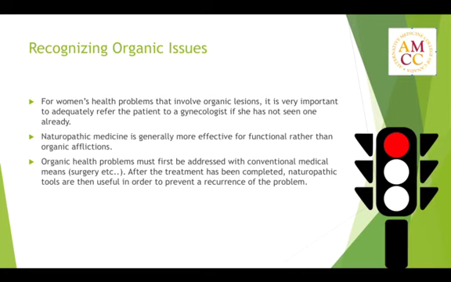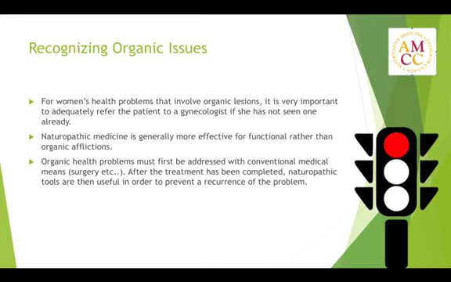But you can educate your patient and tell them that after they've gone through the surgery, they can come back and we can then use our more helpful naturopathic tools to prevent a recurrence of the problem. Because of course, if nothing changes in their diet and lifestyle, the problem is just going to recur.